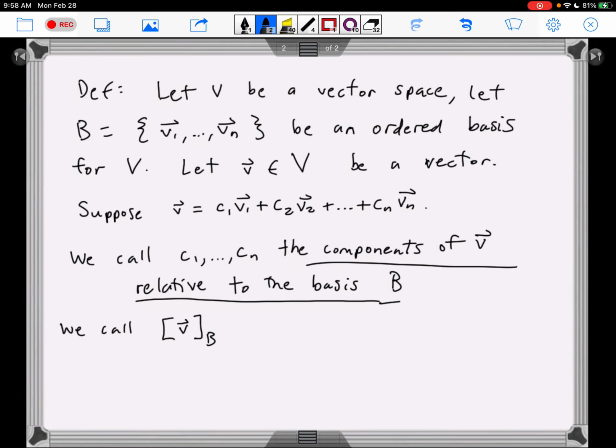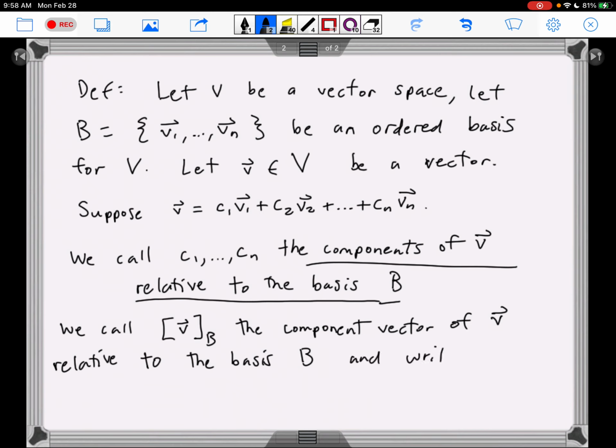If you put a V with little brackets and a B there, we call this the component vector of V relative to the basis B. And you write it as follows.